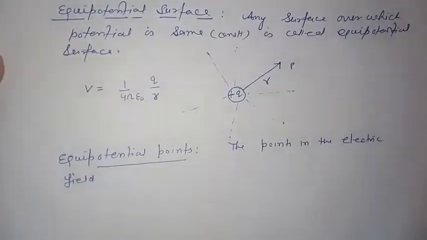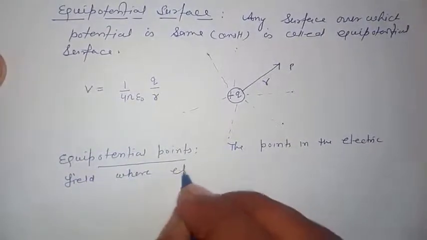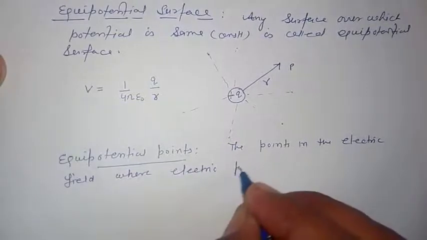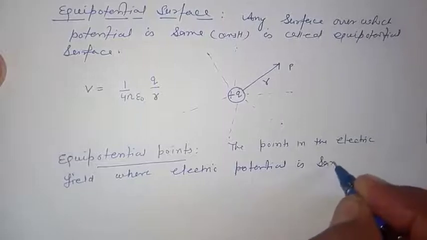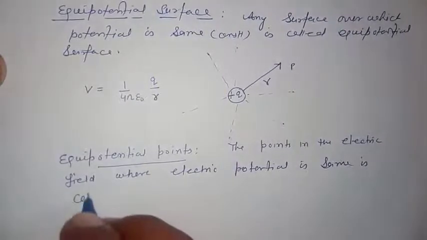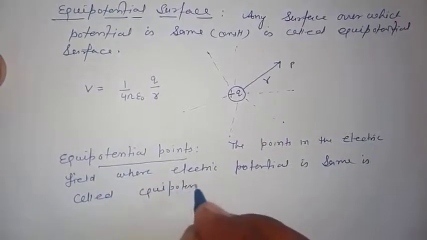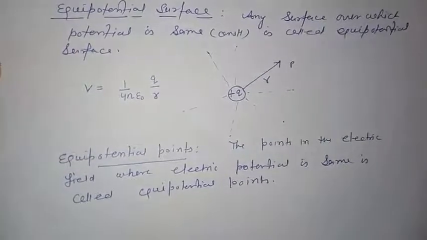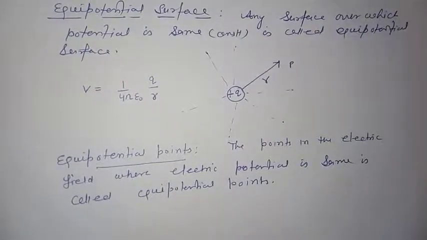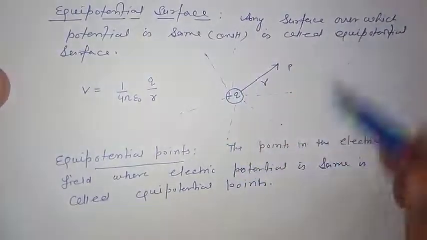The points in the electric field where the electric potential is the same are called equipotential points, right? Now if you join all these points.